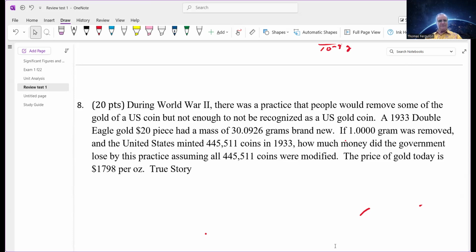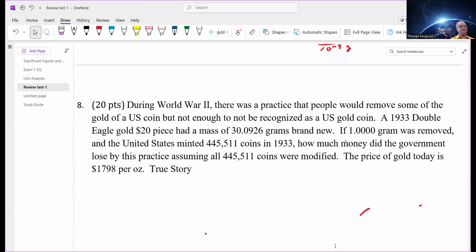So, okay, how do we do this problem then? Now the tricky part in this is what's the given? Say again? 1798 per ounce. That's a conversion factor, converting ounces to money.